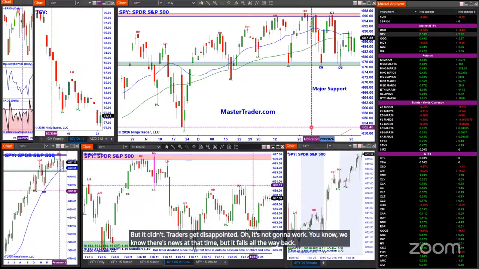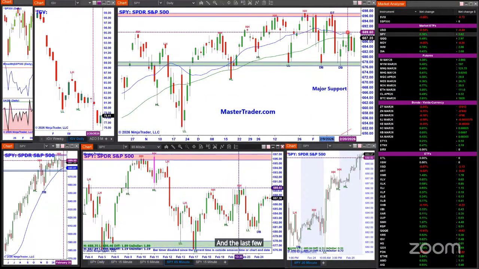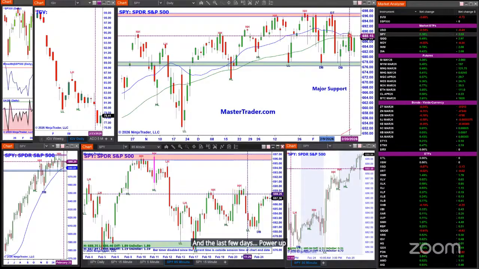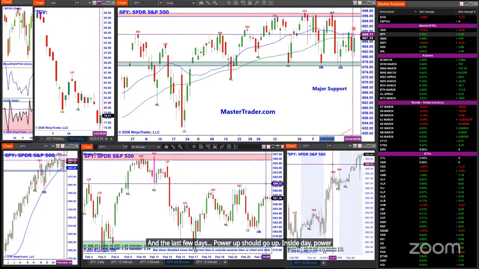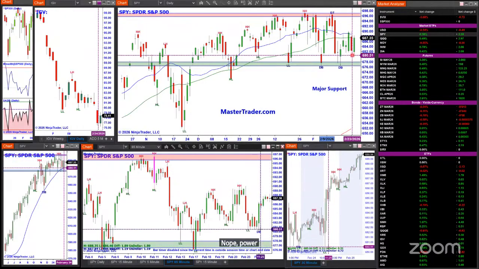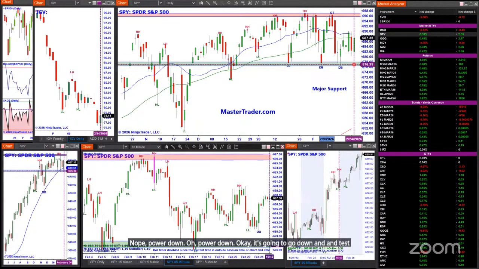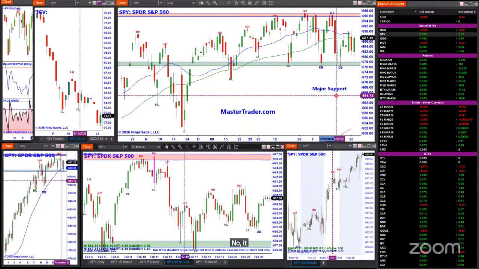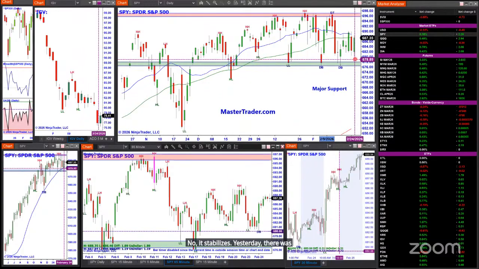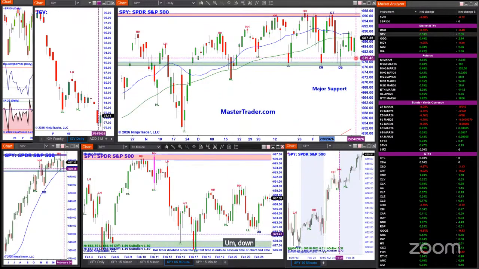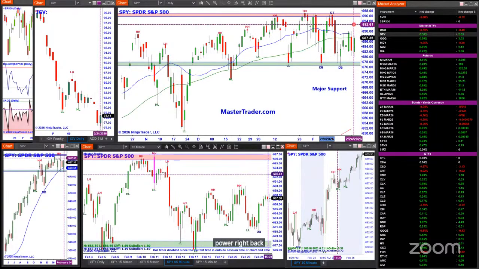And the last few days, power up, should go up. Inside day, power up. No, power down. Oh, power down. Okay, it's going to go down and test major support. No, it stabilizes. Yesterday, there was a little breakdown failure down here. It was more evident on IWM. Power right back up again.